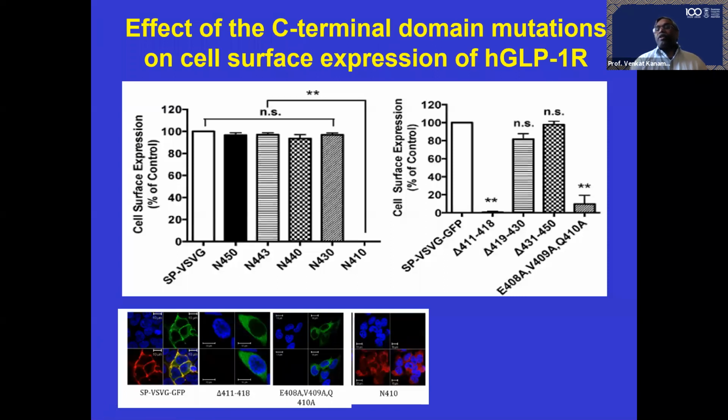So the amino acids between 411 and 418 are required for the cell surface targeting of the GLP-1 receptor. As you can see here, in wild type you can see red color, whereas when you delete 411 to 418, it no longer shows red color, indicating that it's important for cell surface targeting of the receptor.